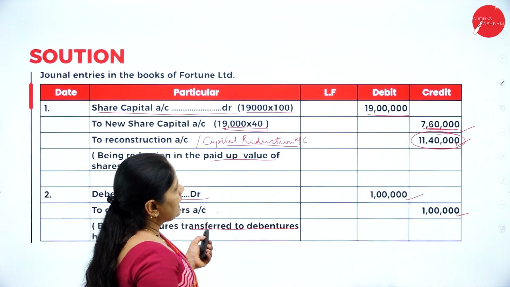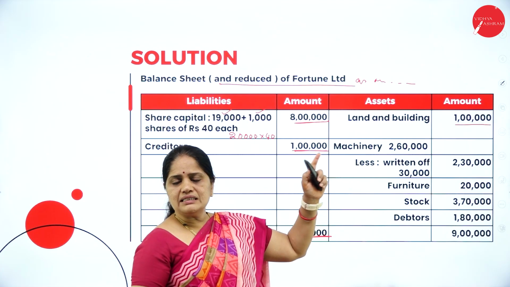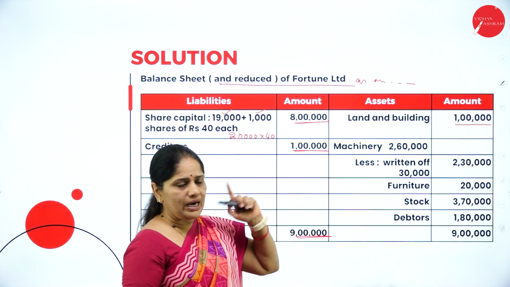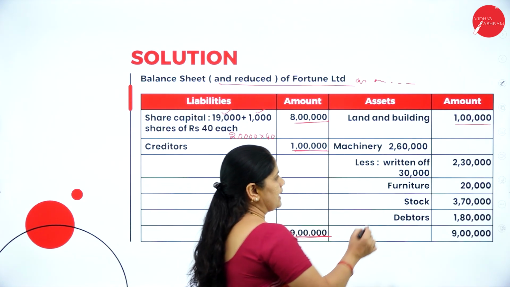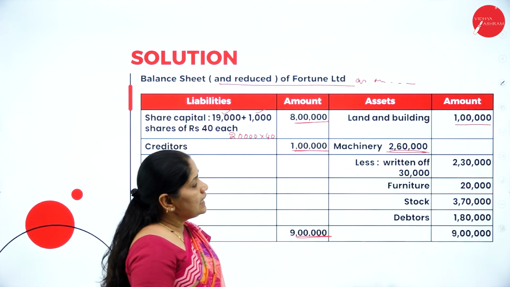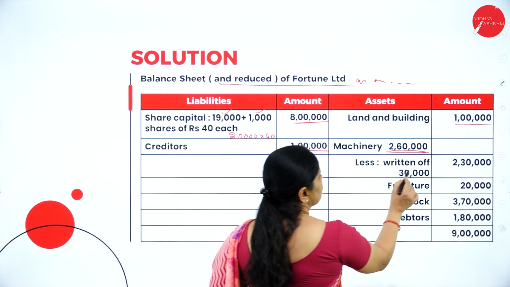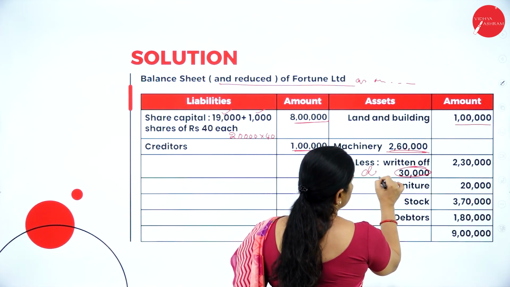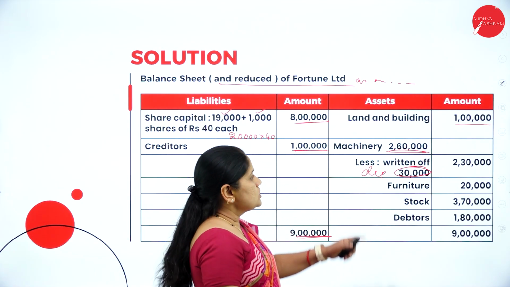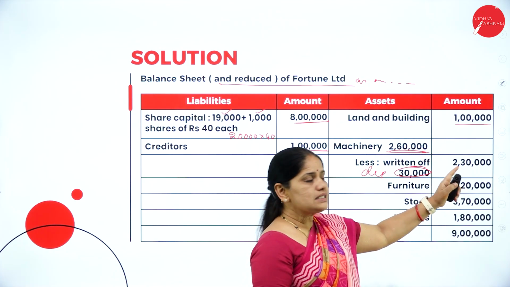So when I am writing the balance sheet here, if you can see here, land and building, the value remains the same at 1 lakh. Now machinery value, what is the value of machinery? 2,60,000 less written off. What is written off here? We have written off 30,000 worth of depreciation on machinery. So 2,60,000 minus 30,000, it is 2,30,000.